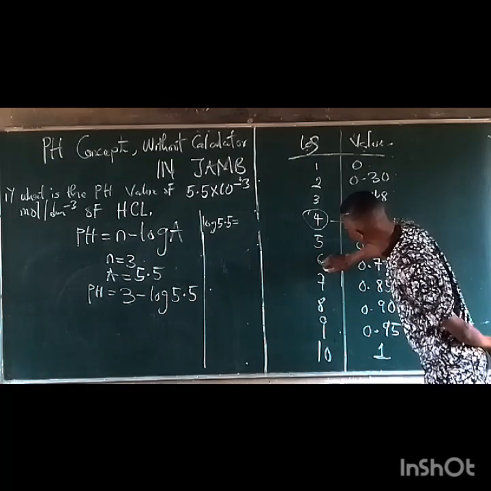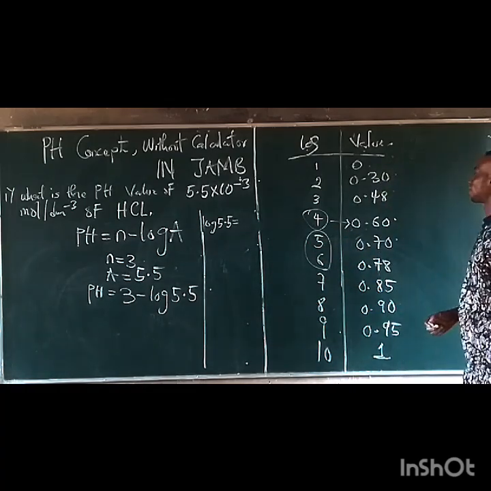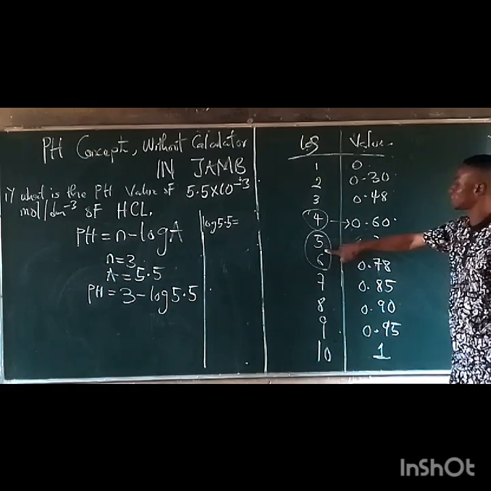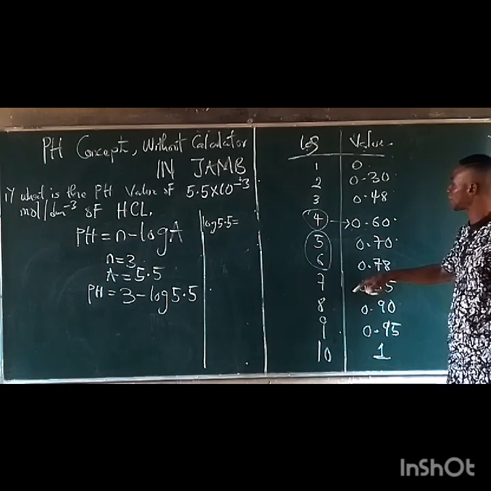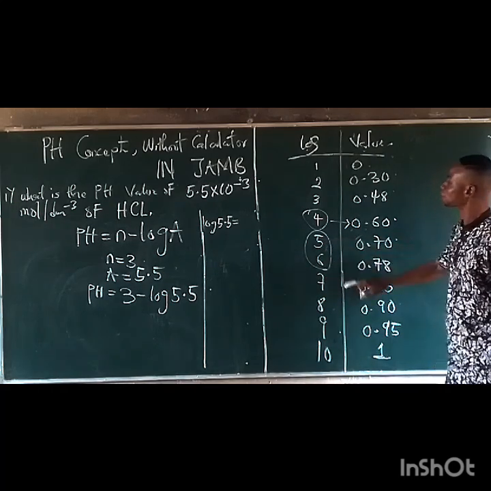Take note of that. Look at it very well: 5.5 is greater than 5, but it's less than 6 at the same time. So log 5.5 is between these two places.